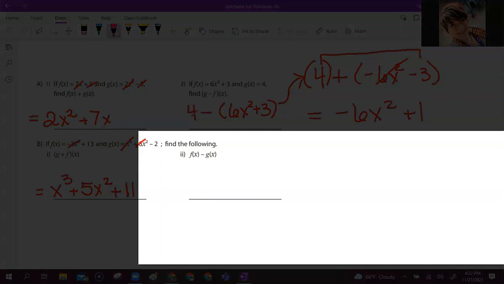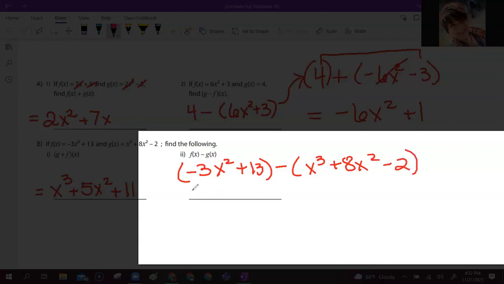Okay, down here for B, it wanted me to take f minus g, and I've crossed them off. Let me erase that. Okay, so the f function, I'll write that first, is negative 3x squared plus 13. Then they want me to subtract x cubed plus 8x squared minus 2. I'm going to go ahead and rewrite it as an addition problem.